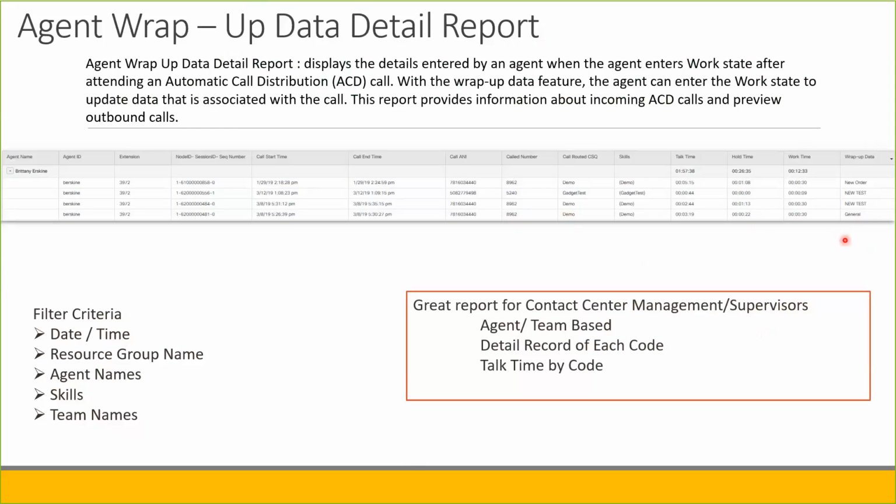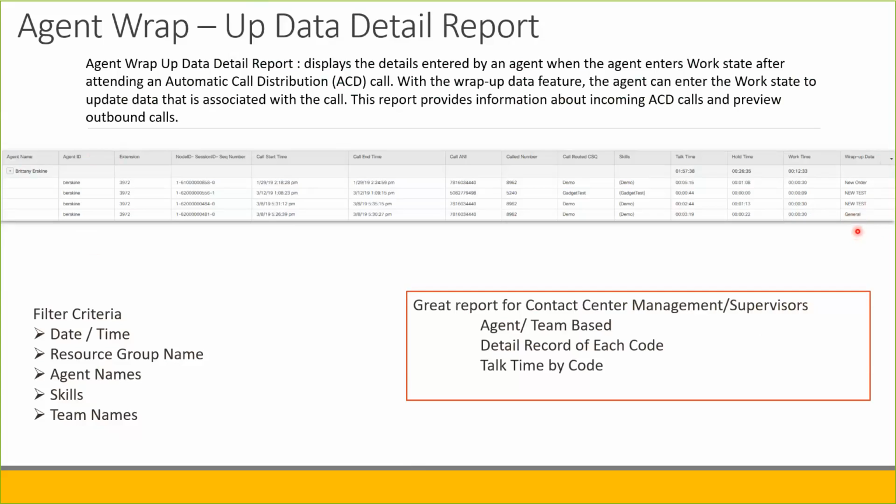that I think can be very, very helpful is it gives you the talk time, hold time, and work time associated with each of these WrapUp codes. So if you wanted to look at a specific code, you can filter on that, and you can say, okay, these are taking a little bit longer for Brittany, right, at the agent level. Maybe we can provide a little bit more coaching for calls that pertain to new order.